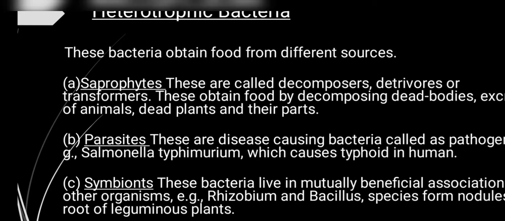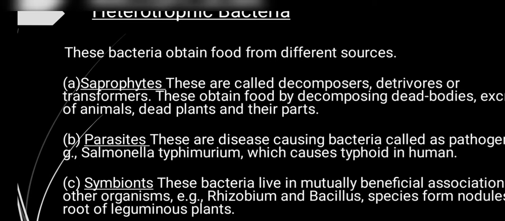Some other heterotrophic bacteria are parasites. These are disease-causing bacteria called pathogens. Examples are Salmonella typhimurium, which causes typhoid, and Vibrio cholerae, which causes cholera. All these are examples of parasitic bacteria which are pathogens, and they cause diseases in a host. The third type of heterotrophic bacteria are symbionts.